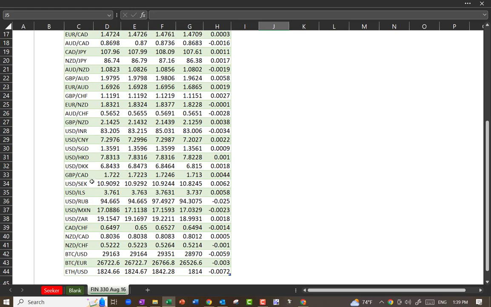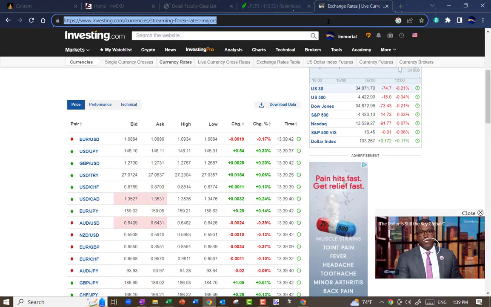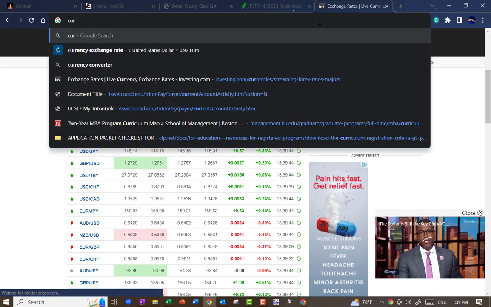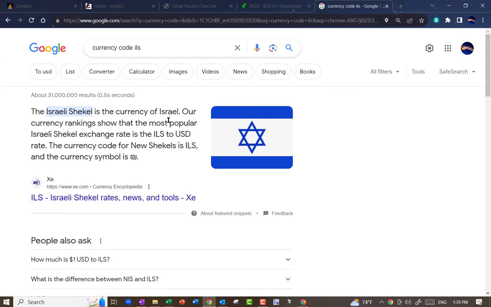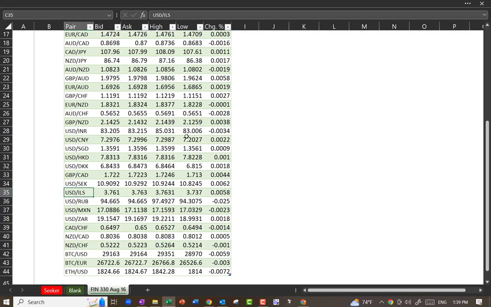I don't know what ILS is. Currency codes, ILS. Oh, Israeli shekel. Okay. RUB is Russian ruble. MXN is Mexican peso.